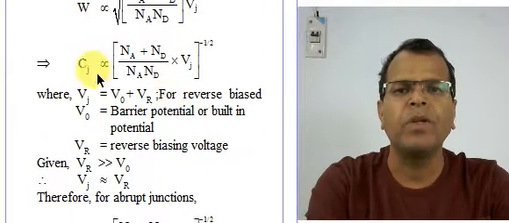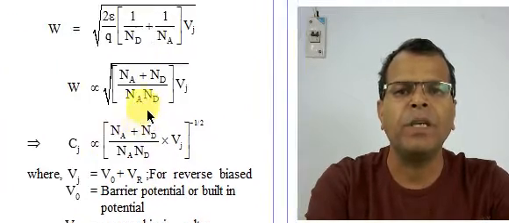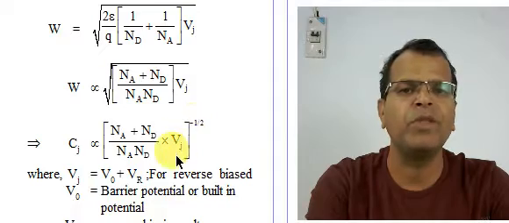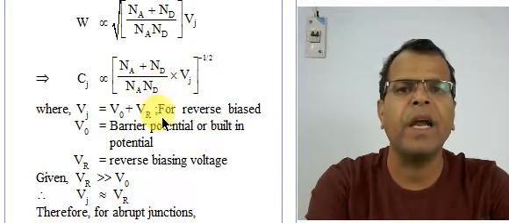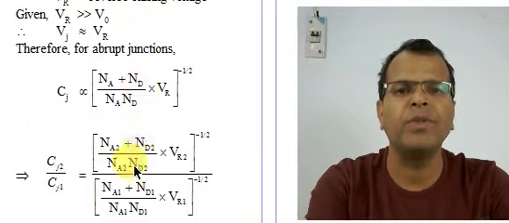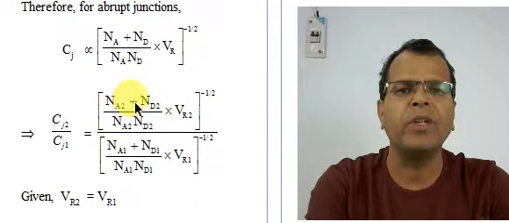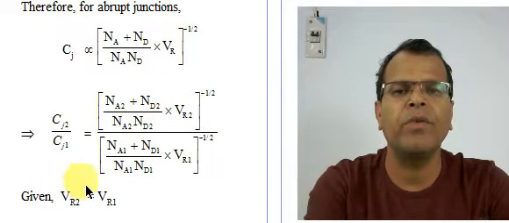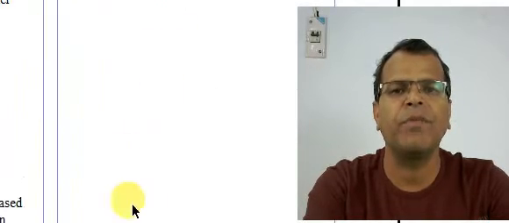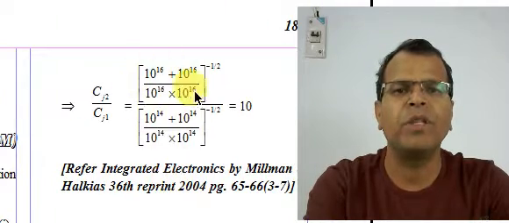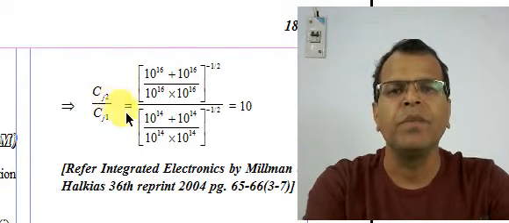So Cj is basically inversely proportional to this, so I will simply put the power of -1/2 here. NA and ND for the two diodes are given to you, so I'll take the second diode and first diode here, NA2, ND2, NA1, ND1 and Vr. The reverse bias is the same for both, so just by putting these values, I get the relationship between the junction capacitances of the two diodes.